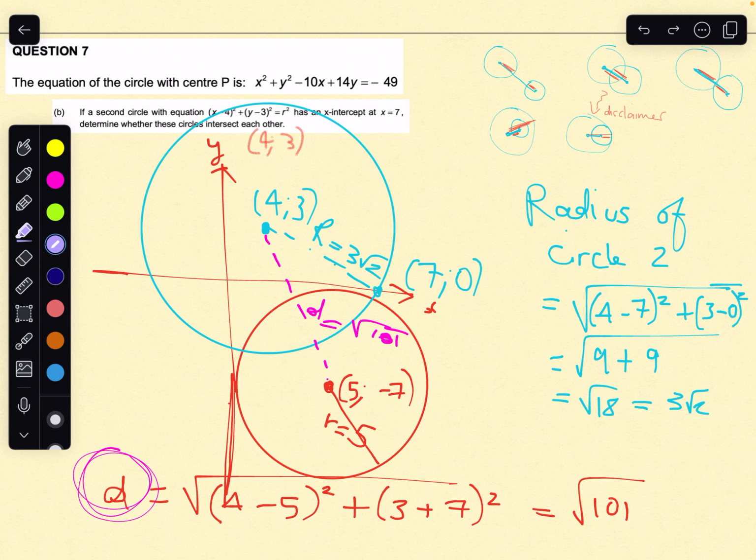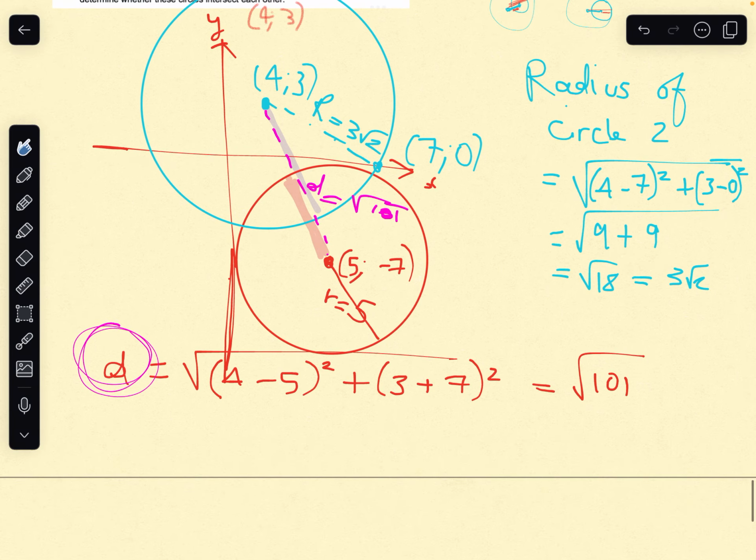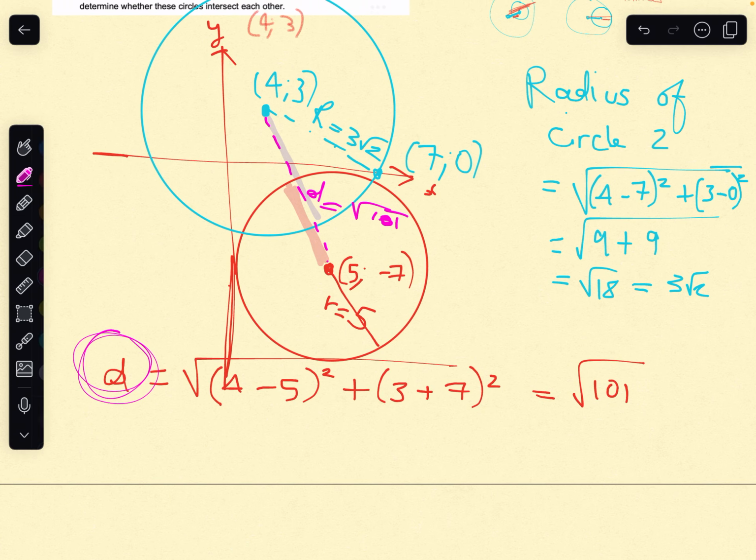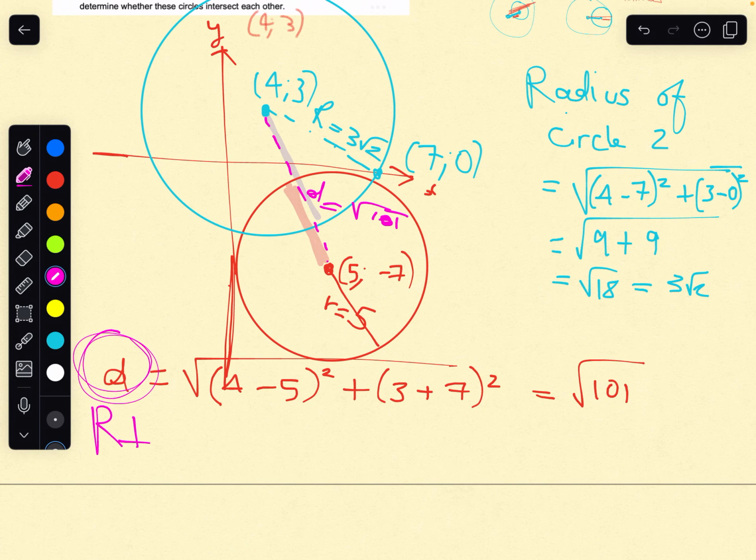Anyway, and now we want to see what is the sum of big R and little r. Right, so that will be big R plus little r is equal to, well, now I'm swapping them around, but it will be root 18 plus 5.